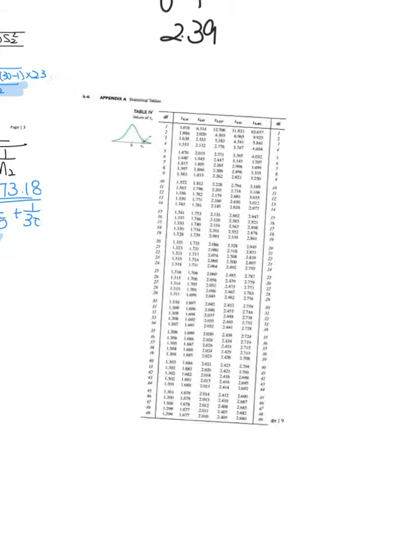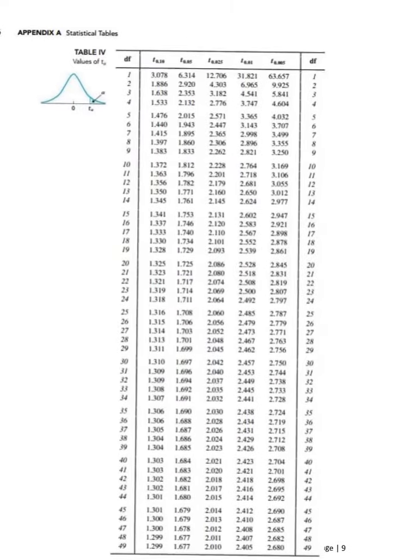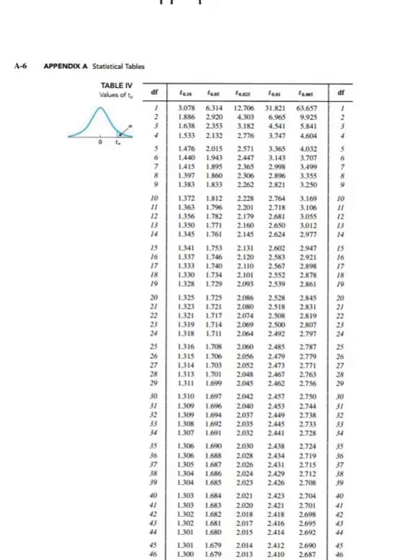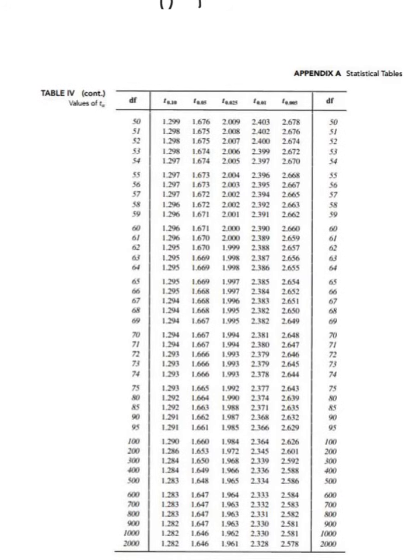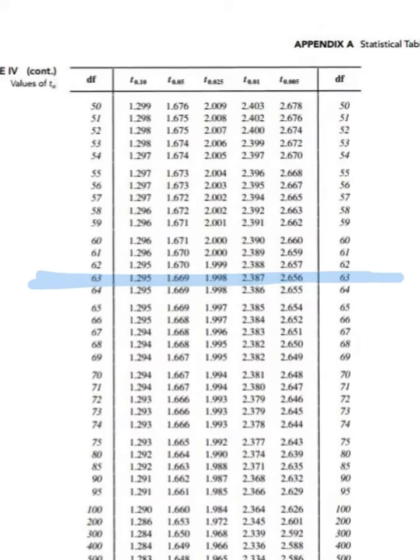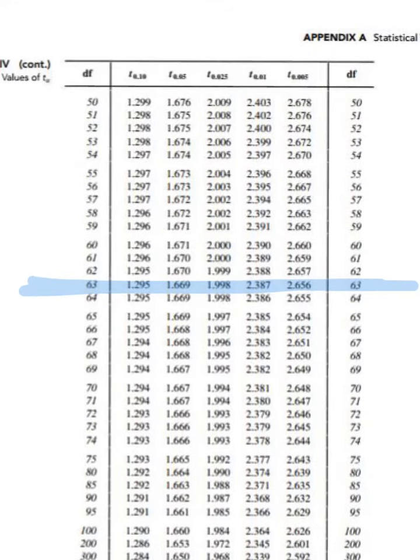So let me go to the t-table. Where is 63? Oh, not on the first page. We have to go to the second page. The degree of freedom, 63. And how much was the test statistic? 2.39.